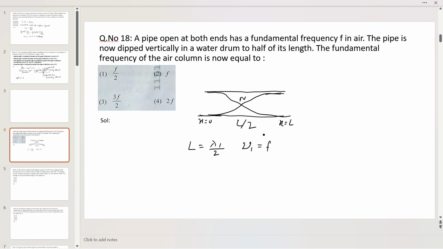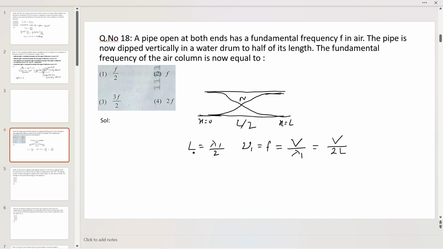Here again your frequency is equal to v by lambda 1, and lambda 1 is equal to 2L, so f is v by 2L.